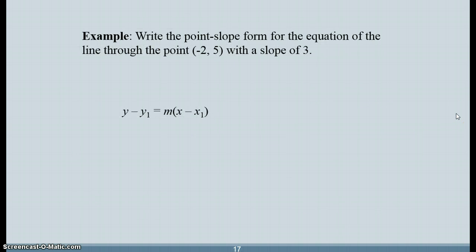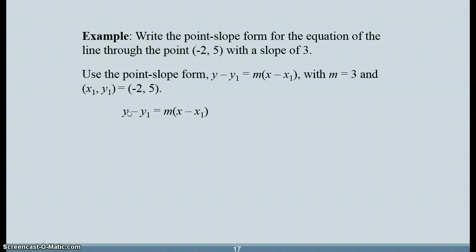So write the point slope form of the equation of the line through the point minus 2, 5 with a slope of 3. All right. You can try to do it yourself. And remember, this should be x1 and this should be y1. So what should we do right here? Use the point slope form with slope 3 and x1, y1 minus 2 and 5.